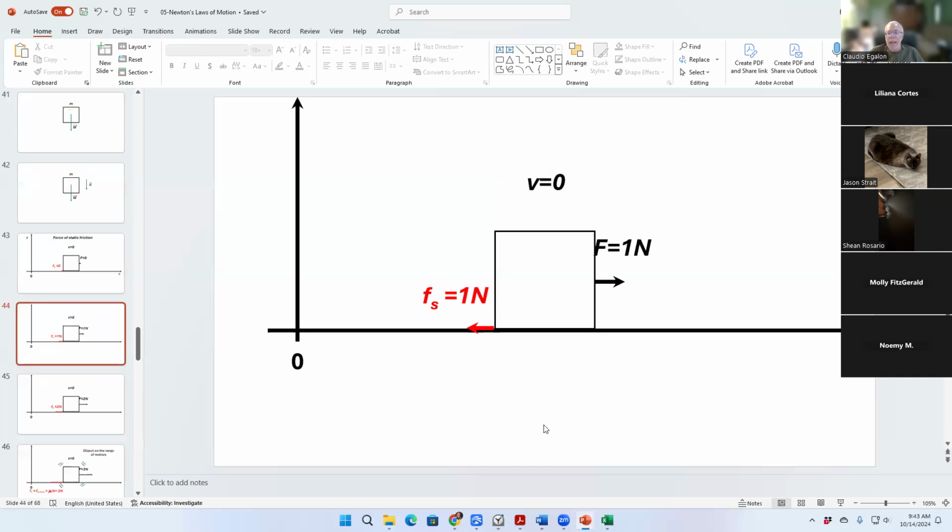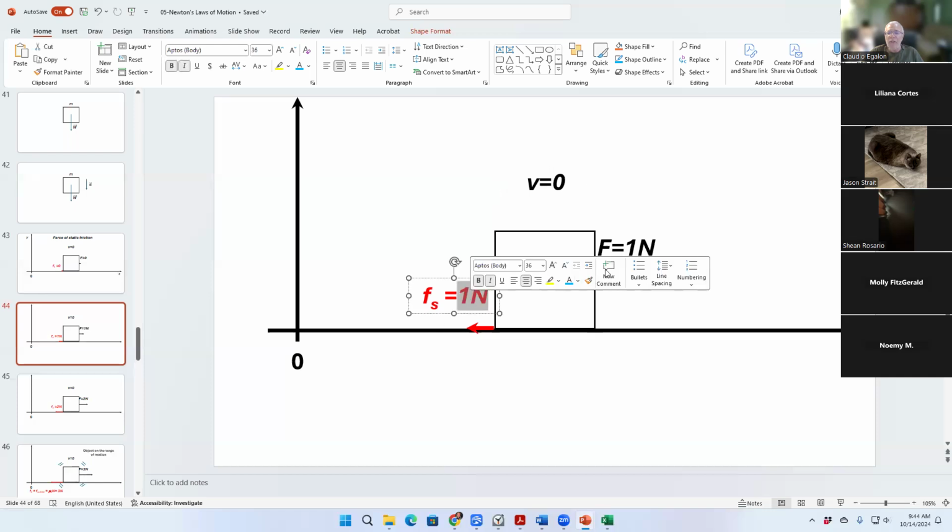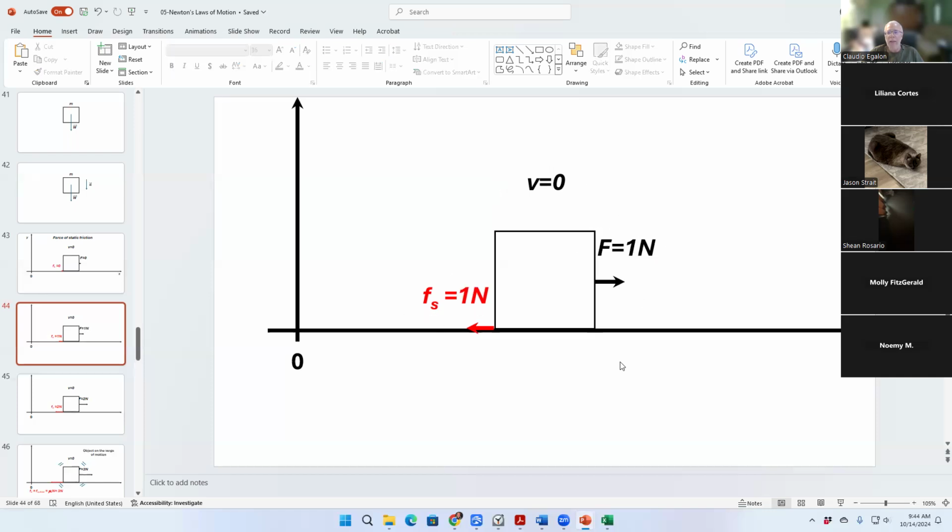We're using here the method of induction, right? Here you go. And now I decide to apply a force of 1 Newton. And the object is still at rest. If the object is still at rest, it means that the force preventing it from moving is still the force of static friction, which has the same magnitude as the applied force. Okay? And then we decide to increase the force to 2 newtons.